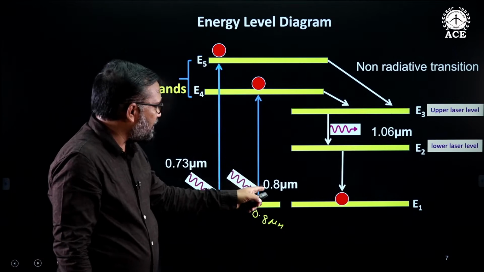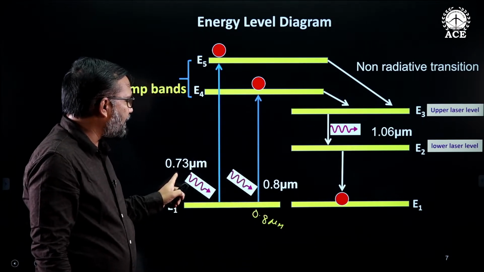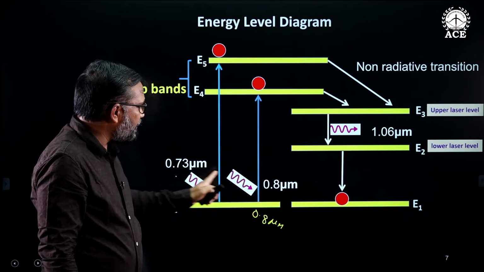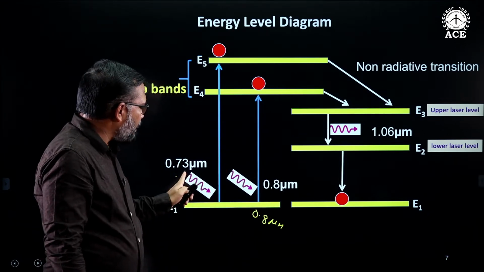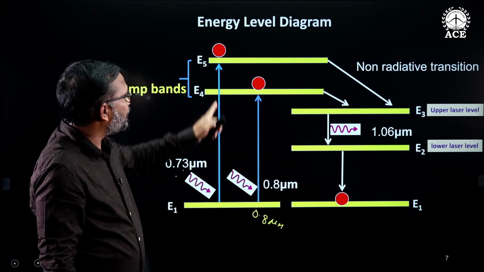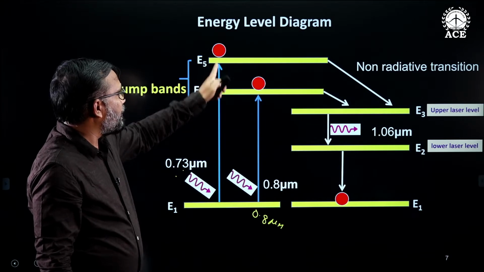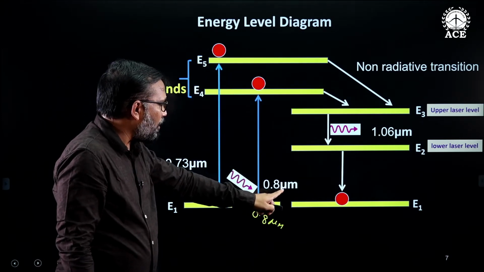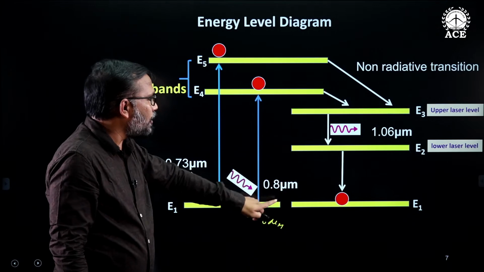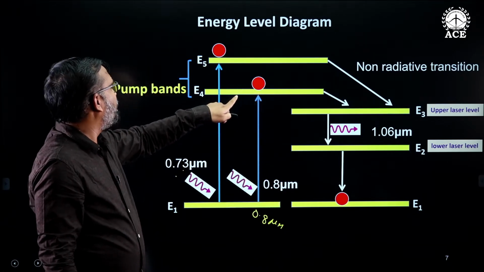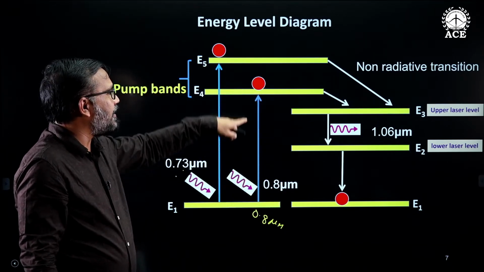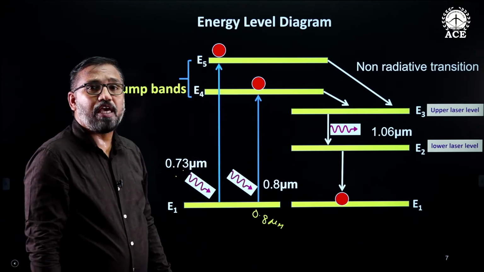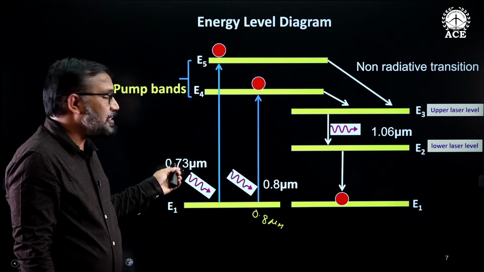Shorter wavelength has more energy, so it is excited to the upper pump band. The 0.8 micrometer is the longer wavelength with less energy, so it is excited to the lower pump band. This is the case of excitation of neodymium ions by absorbing these wavelengths.